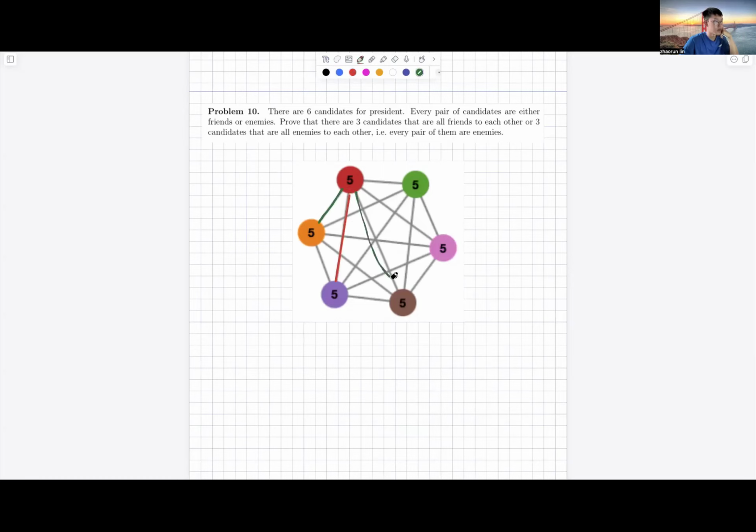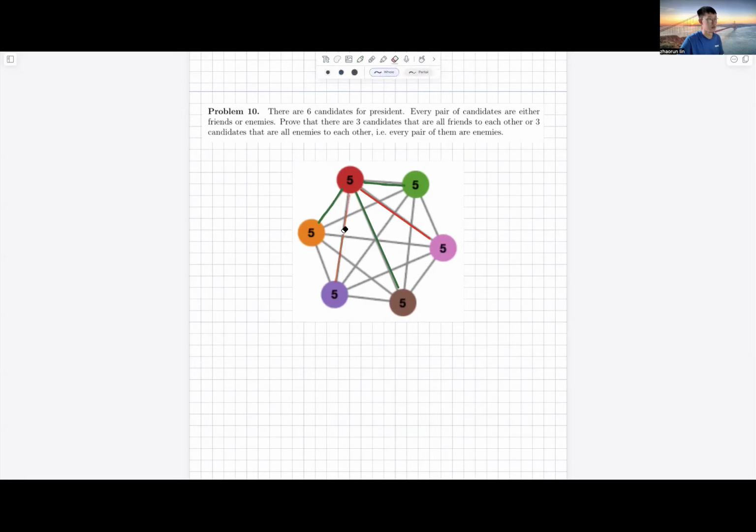I color this green, and then I color this red. So now we have two green edges and two red edges. But for this last one, no matter how we color it, we can only color it as green or red. If I color it as green, we have three green edges. And if I color it as red, we have three red edges. So there must be three edges from a node that have the same color.